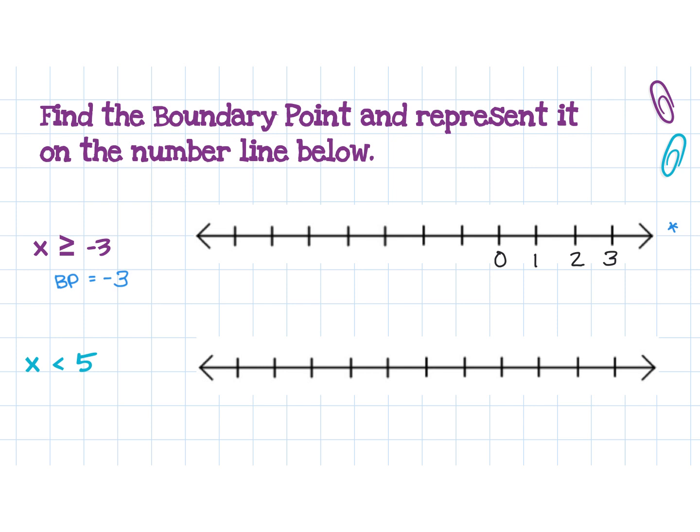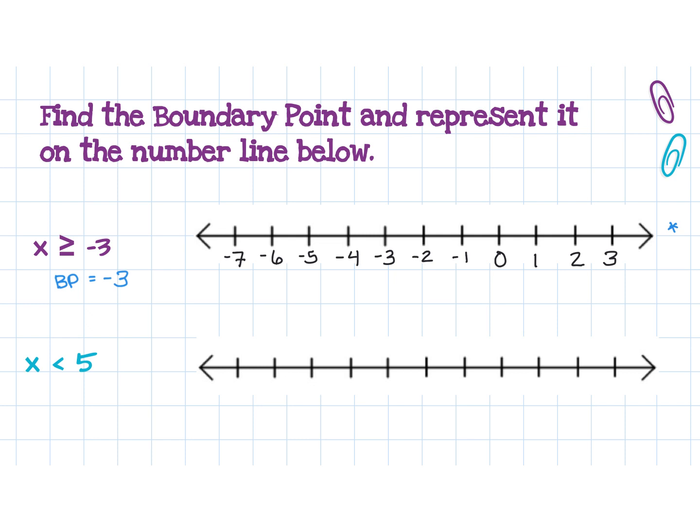You can always look up at the number line in the front of the classroom if you forget. On the other side of 0 would be our negatives: -1, -2, -3, -4, -5, -6, and then -7. We know that our boundary point is going to exist at x is greater than or equal to -3.